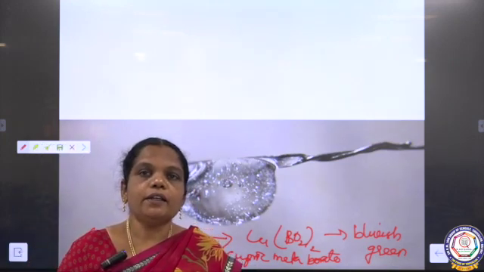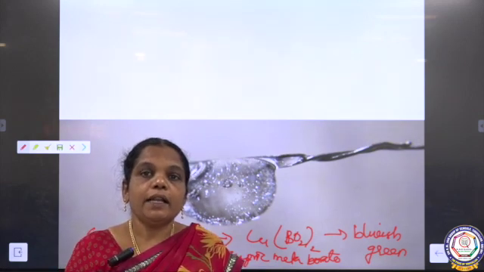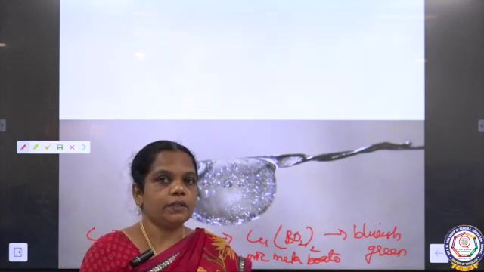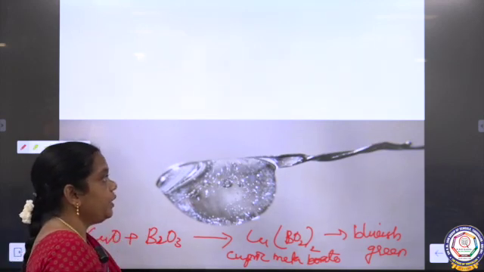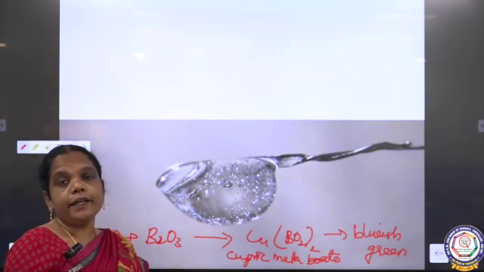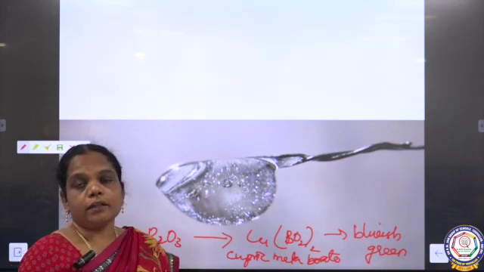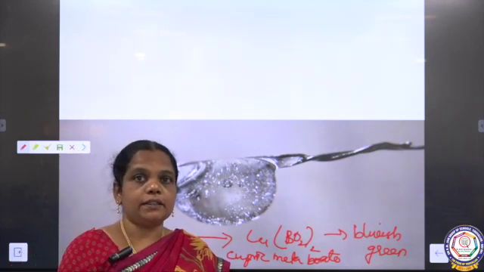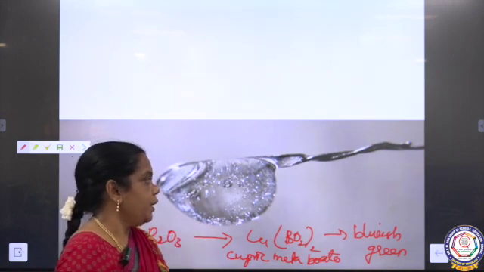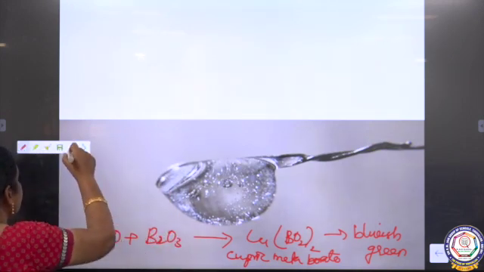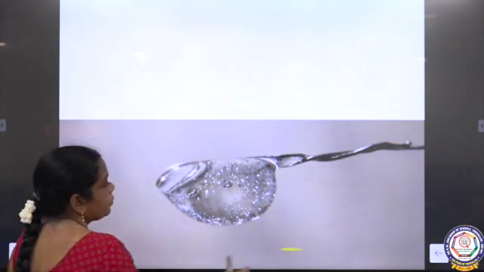So by the color we can identify the metal ion present in the substance. The borax bead test is used to identify metal ions, especially the transition metals.